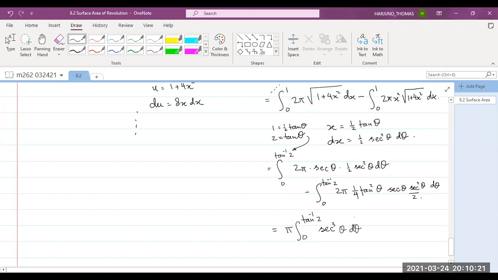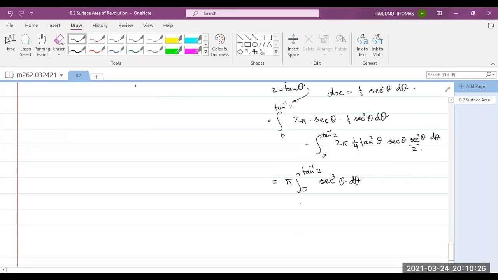Oh, we have a formula for that, right? Okay, and then minus pi over 4 integral 0 to tangent inverse 2 of tangent squared theta secant squared theta d theta.